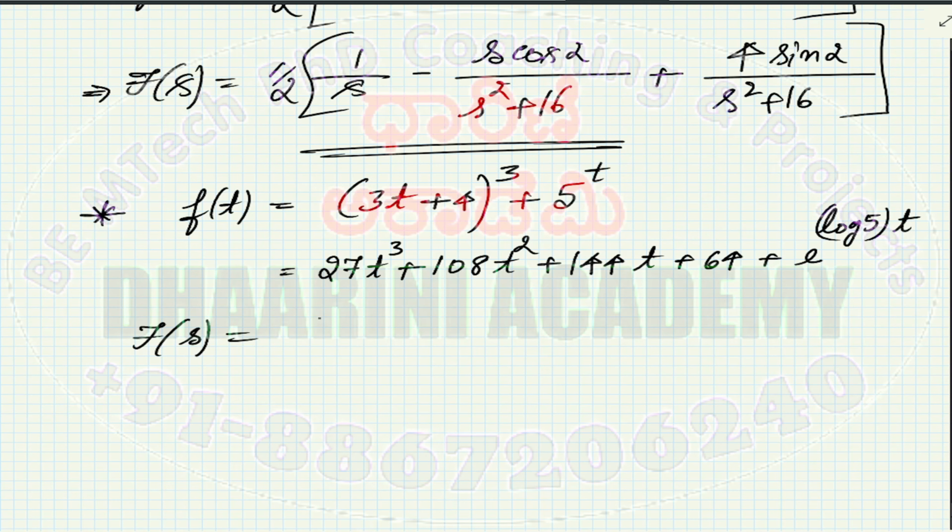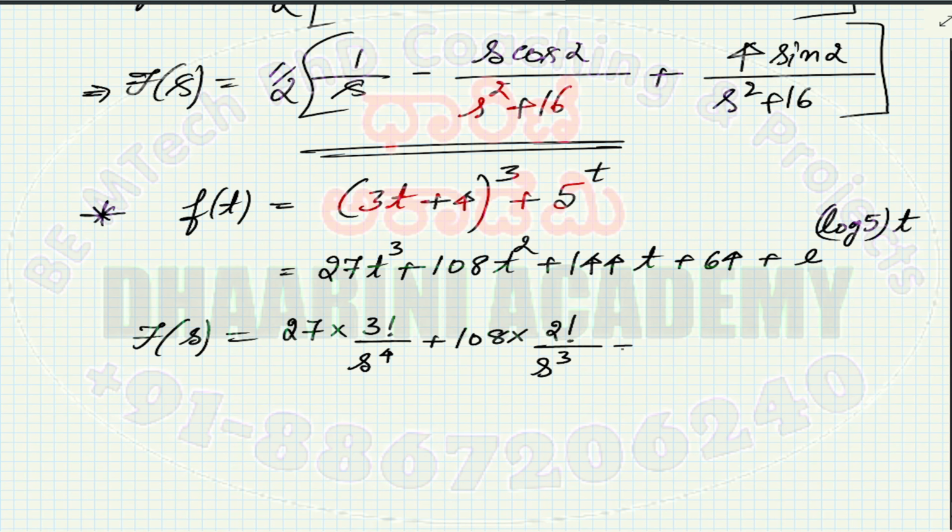F of s is equal to 27 is constant. See, for t to the 3, since 3 is an integer, it could be simply 3 factorial divided by s to the power 3 plus 1, that is 4, plus 108 into 2 factorial divided by s to the power 2 plus 1, which is 3.